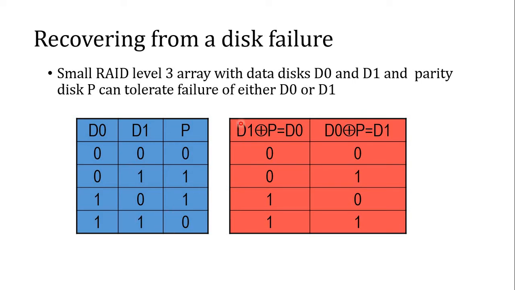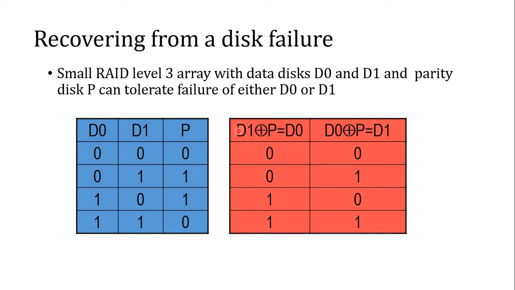How can you check whether the data is correct or not? If D1 is XORed with P, D0 will come back. Suppose one disk, like D0, is received on the other end but an error is found. How do you calculate the total data?